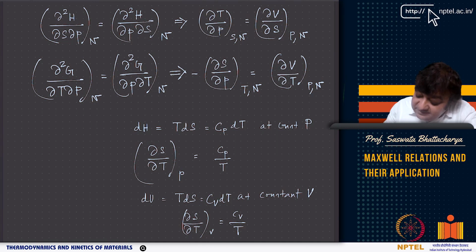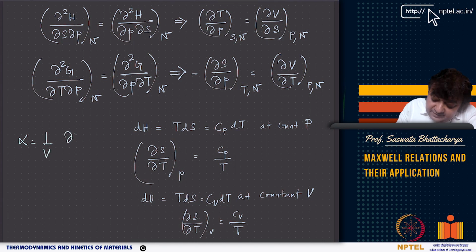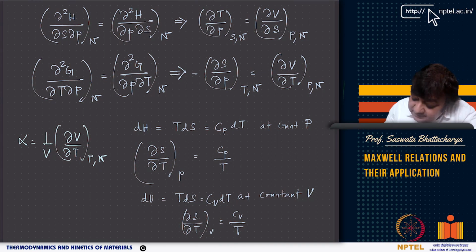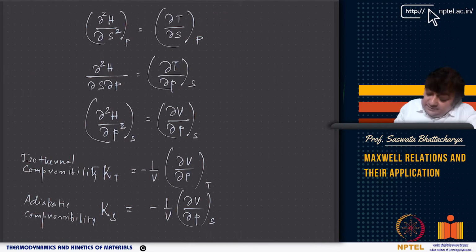So del s del p is nothing but minus del v del t, which is nothing but, see, alpha is 1 by V del V del T at P. Now, therefore, del V del T at P is nothing but V alpha. So minus of del S del P at T is equal to V alpha.